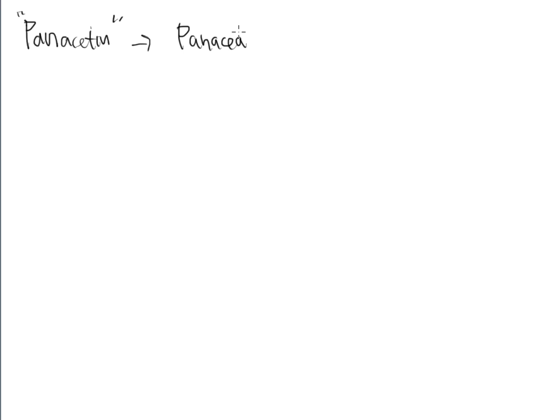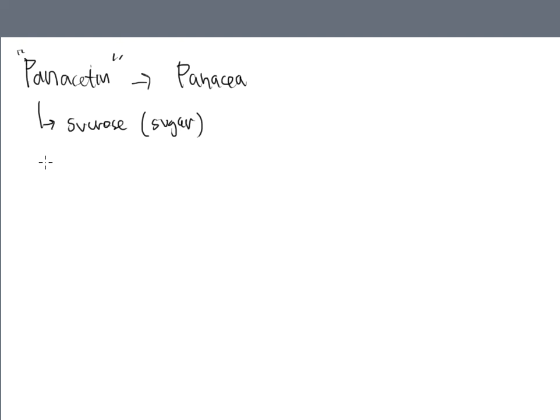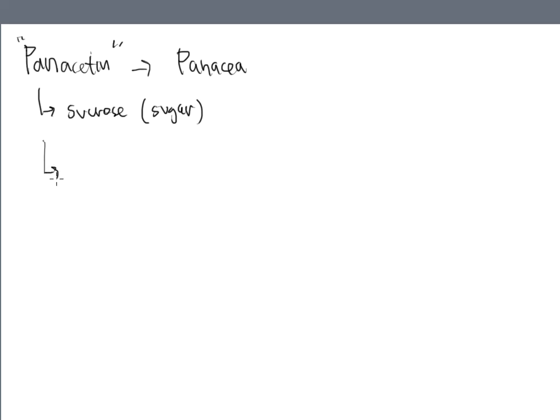So this drug is made up of 3 components. The first component is something called sucrose, otherwise known as sugar. Everyone loves some sugar. The second component in the Panacetin is acetaminophen.